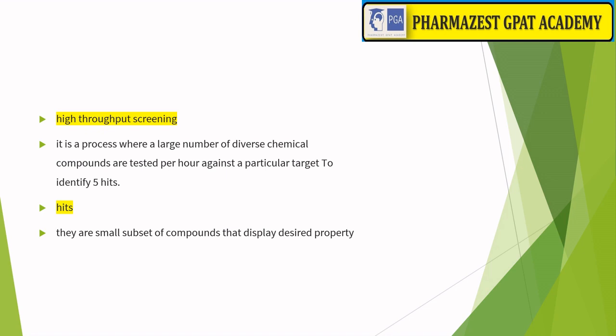Coming to what we mean by high throughput screening: it is a process where a large number of diversified chemical compounds are tested per hour against a particular target to identify the hits.